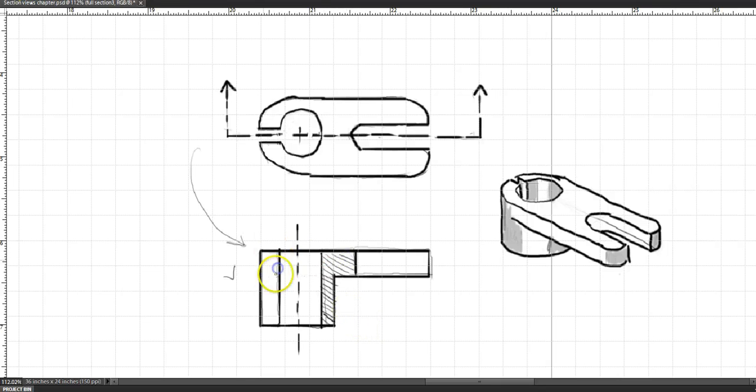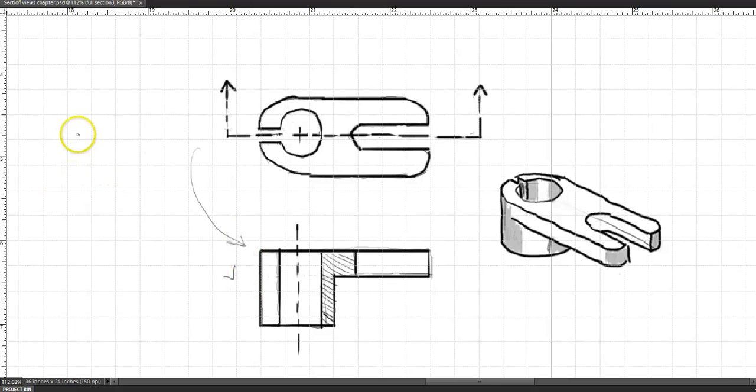Why don't I see a hatch on this side? The reason is that over here it's not completely closed. So there's an opening, and what I see on this surface is basically this surface right here, or in the 3D view, that surface right there. But am I cutting through it? No. So I wouldn't be putting in a hatch. I just put in this edge which corresponds to this, and this edge which corresponds to this.